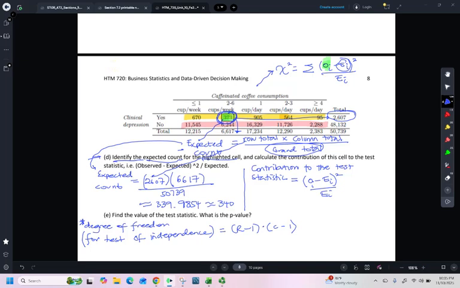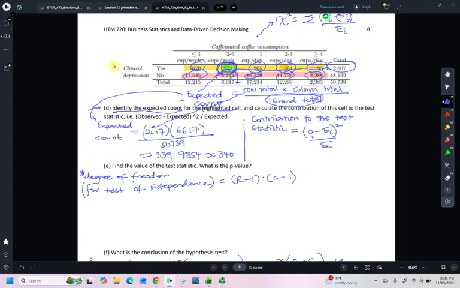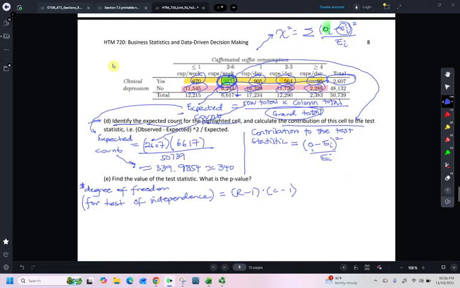We will need to do the same for each of the highlighted observed values. We need to do that in order to get the individual expected counts, and later to look at the entire chi-squared statistic. What this means is, after getting the expected count for one, I can also get the contribution of this particular cell to the test statistic using the chi-squared test statistic formula.